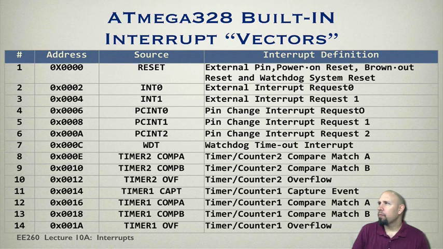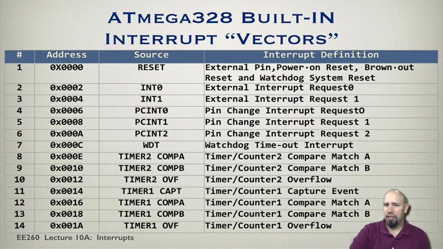So, interrupts in C. Now, associated with the interrupt sources, there are what are called interrupt vectors. These interrupt vectors are basically the place in memory where the first instruction associated with each interrupt is located.